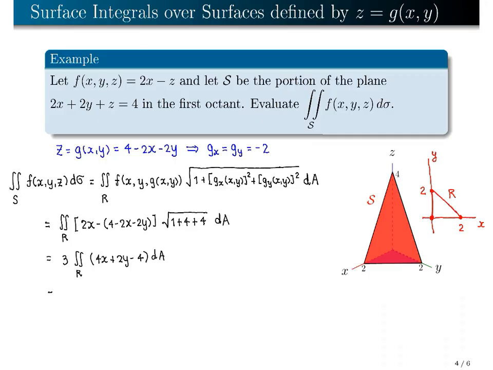We have 3 times the integral of 4x plus 2y minus 4.